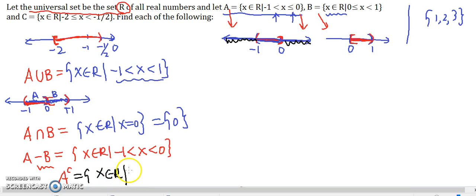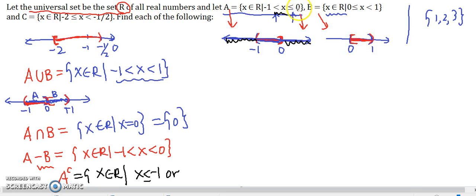First of all, x is still a real number, and x is less than or equal to -1, because -1 is not in A. As you can see here, x is strictly greater than -1, which means -1 is not in set A. If it's not in set A, then it must be in the complement, because the definition of complement set is anything not in A. So if -1 is not in A, then it's in the complement.